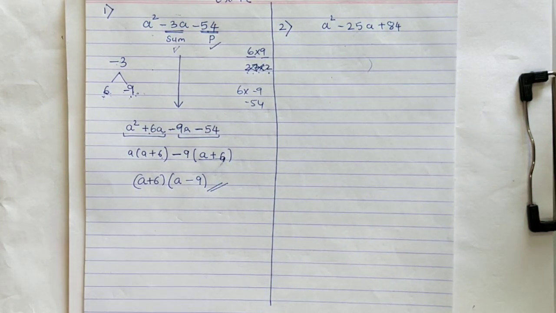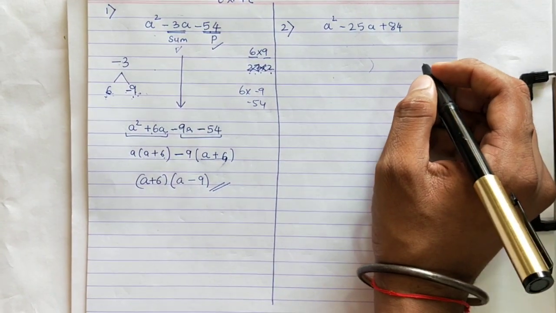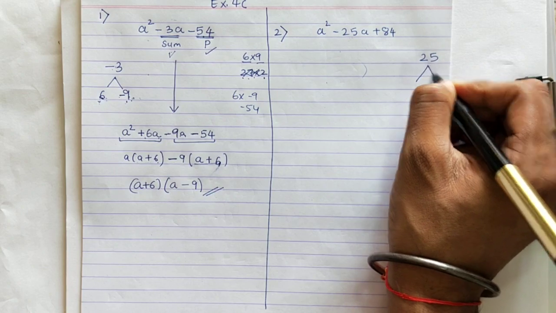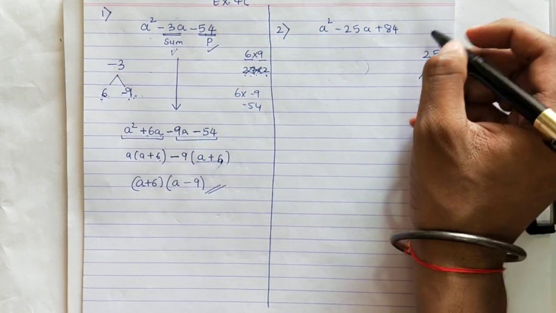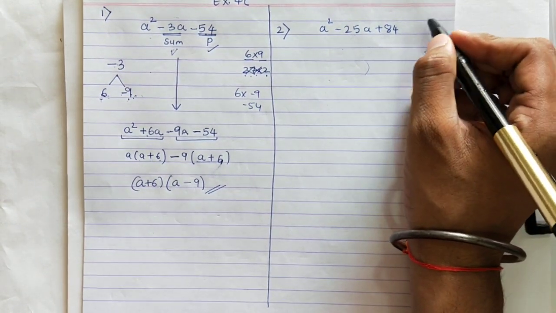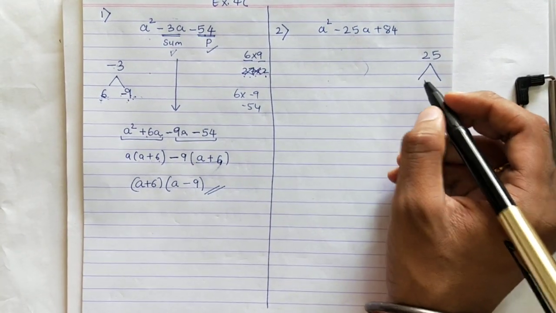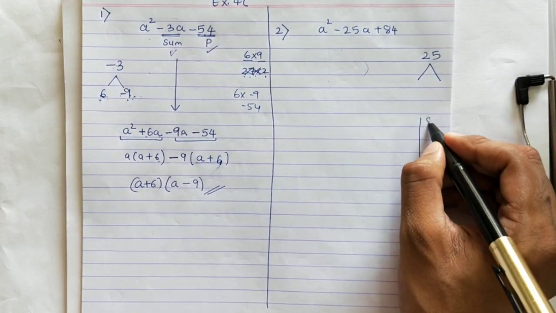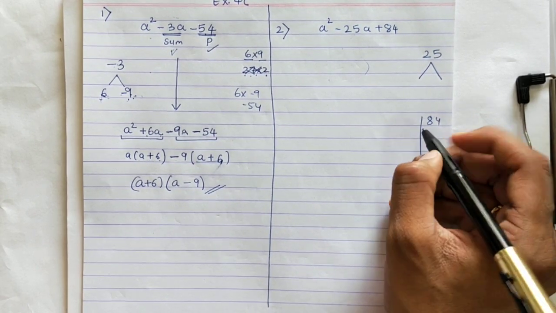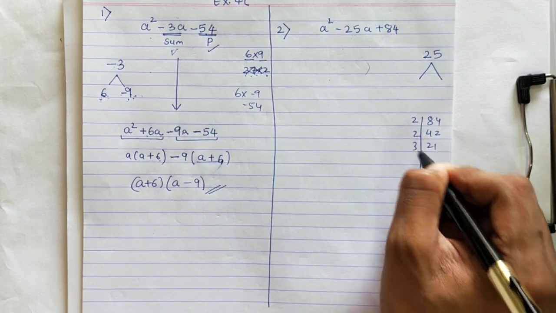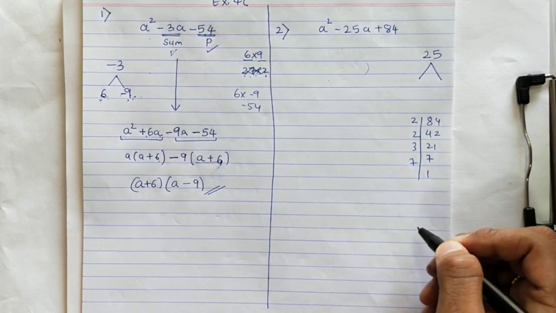Okay, so 25, 84 is two important multiplications of 84. If you are confused about which number to take, you can even prime factorize 84 and see. So if you prime factorize 84, you will get 2, 42, 2, 21, 3, 7, 7 and 1.